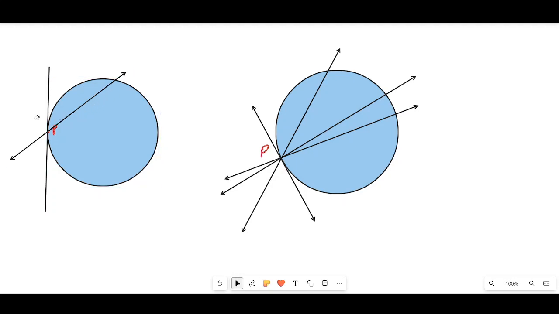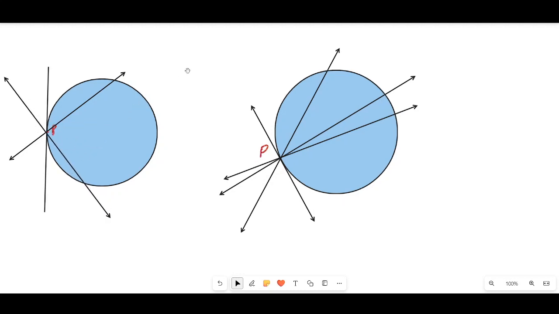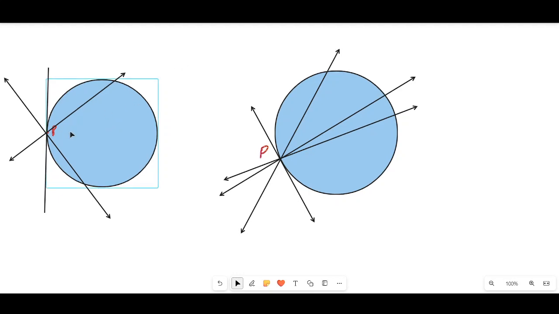So this is a second line, and we can draw more secants from one point on the circle. If our point is situated on the circle, then we can draw only one tangent line, but we are able to draw more secant lines. Clear?